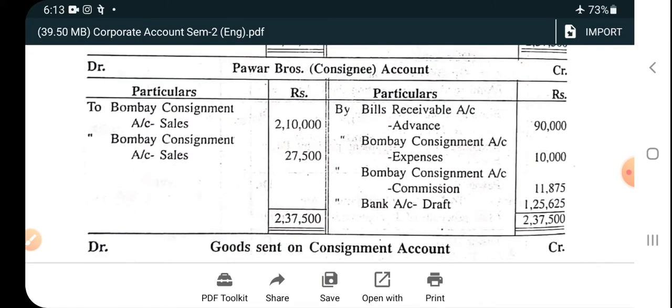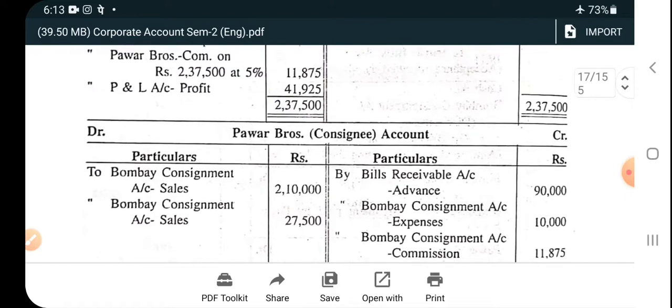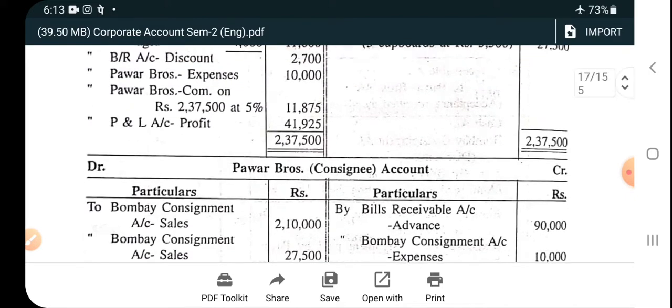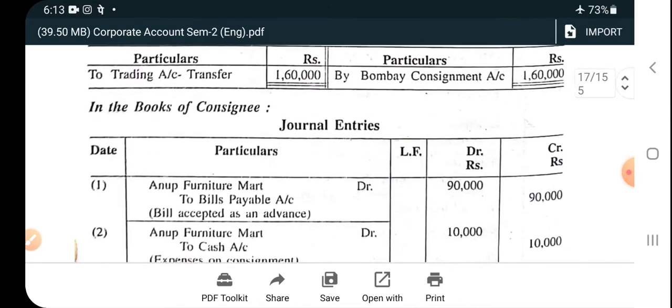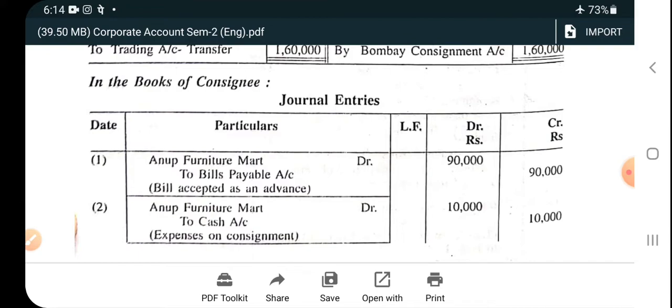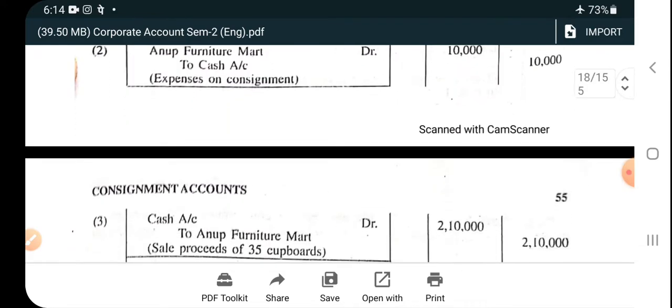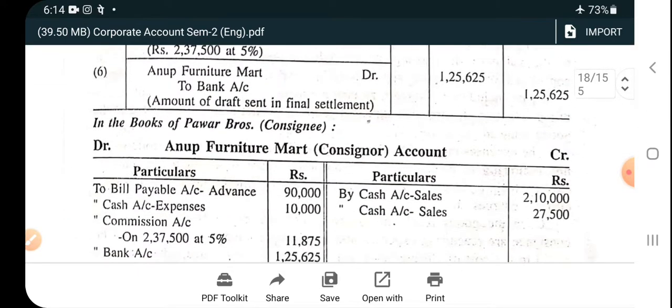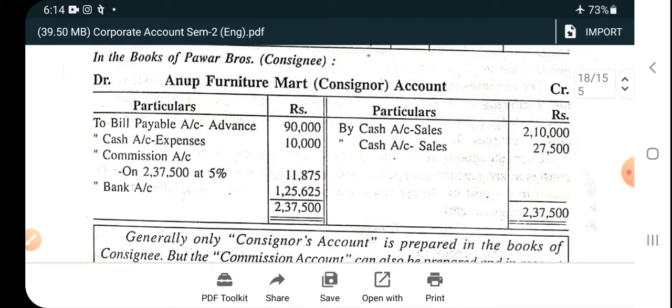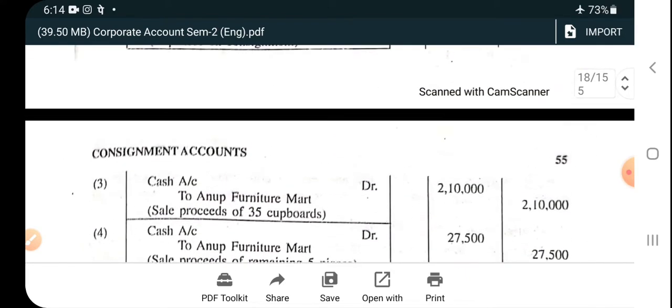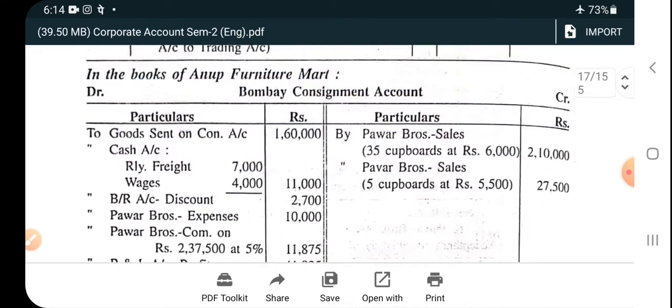So 3 accounts are prepared by the consignor after writing 11 journal entries. Now the consignee is also writing journal entries and preparing the ledger of the consignor. So let us discuss one by one.